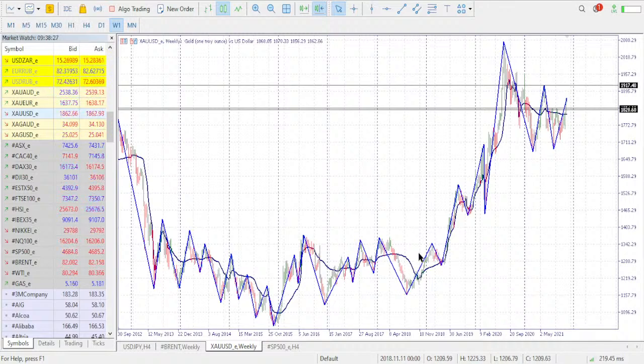Then it moved up, formed a higher low, which is lower than the previous one. Continued higher. It is another higher low, another higher low, another higher low, which means the price is continuing even higher. So if the price is to pull back down, we don't expect it to go below this low here.